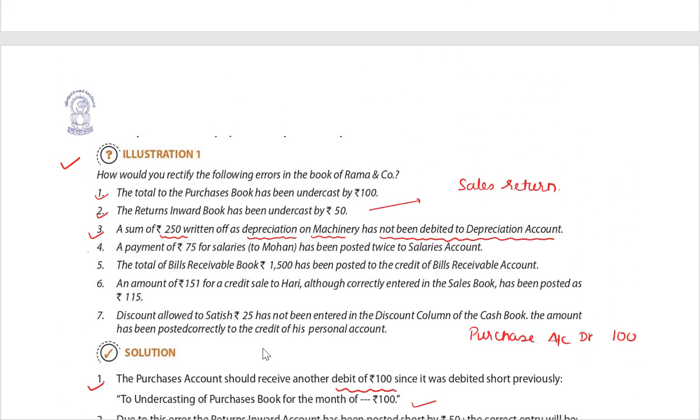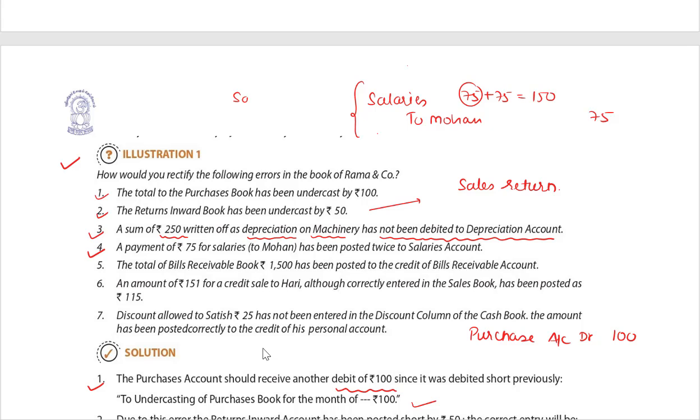Let's see the fourth one. A payment of 75 for salaries to Mohan has been posted twice to salaries. So we had written salaries to Mohan 75 plus 75 equal to 150, and to Mohan we have written 75. So how will we rectify? This is an error. We have debited salary more, so we will credit it and accordingly rectify that. So this is the wrong entry we have done.